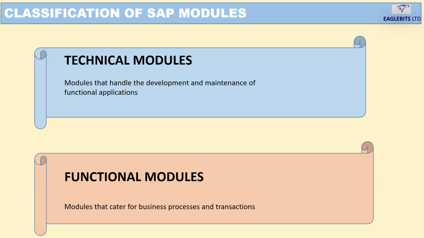So we will deal with virtually all the functional modules in SAP, at least the most popular. Let me not say all, because there are several functional modules which we might not cover here, but the most popular ones that deal with business operations and processes.